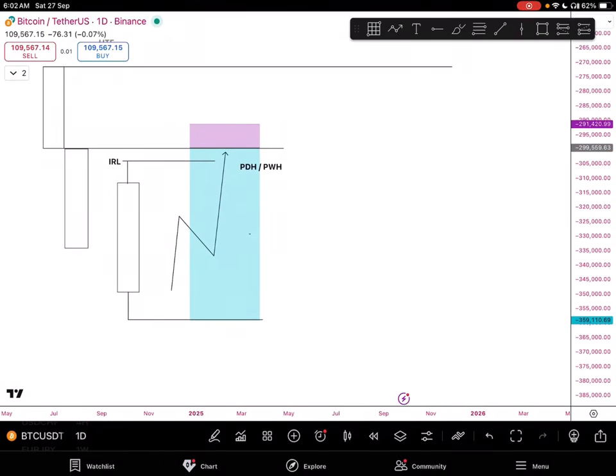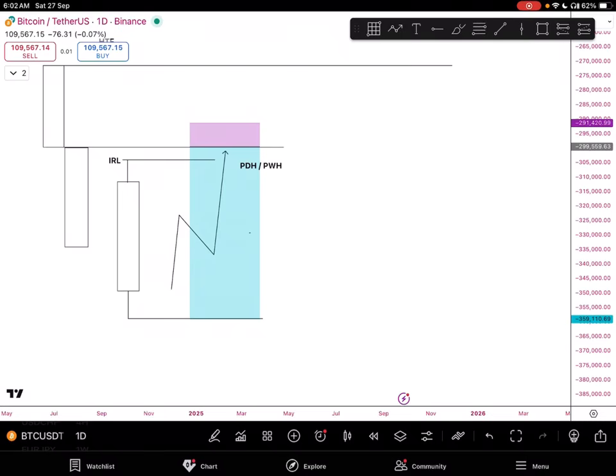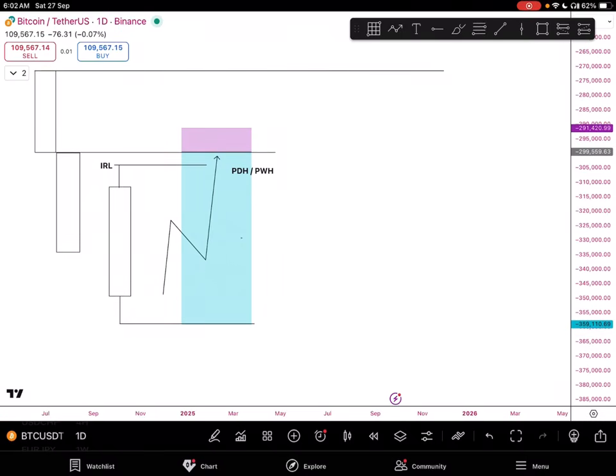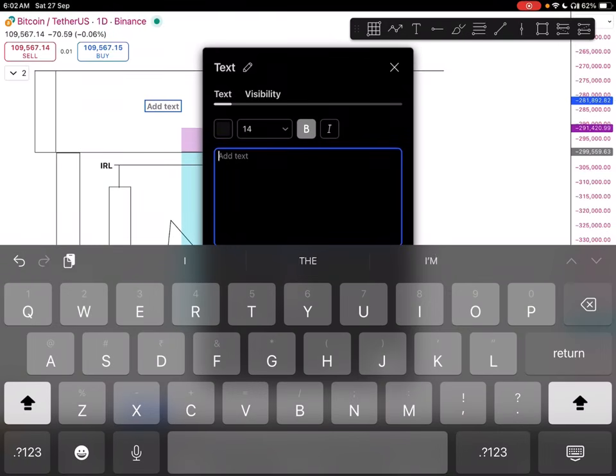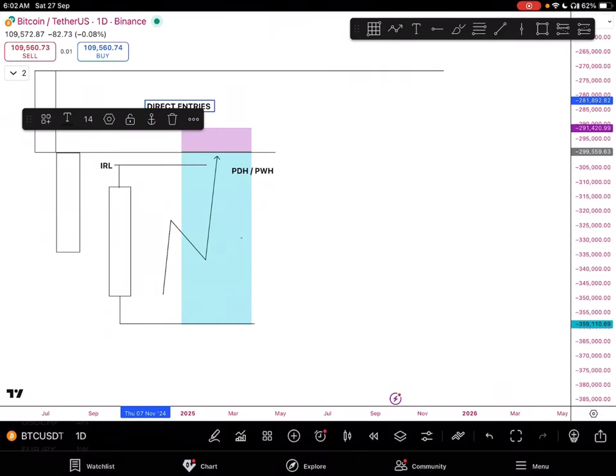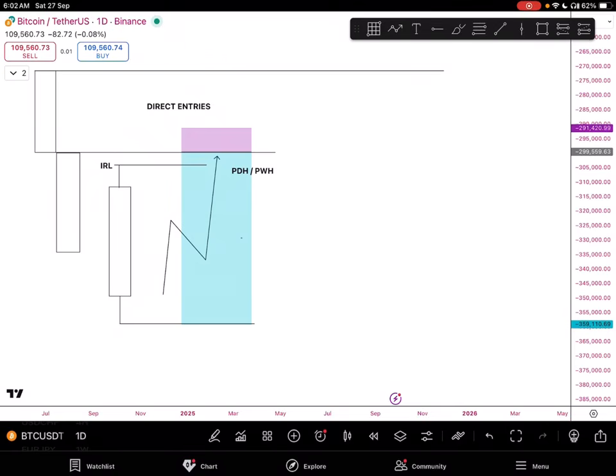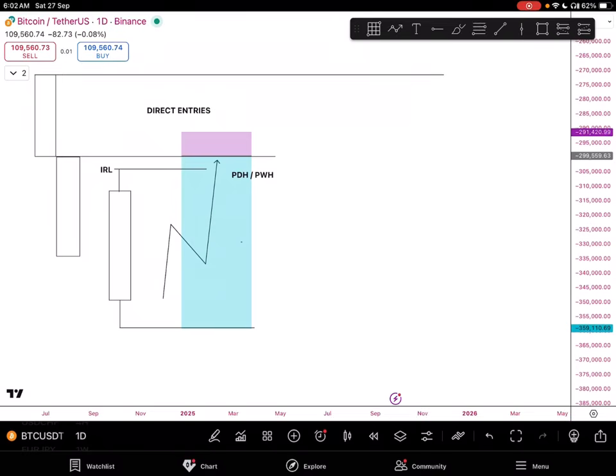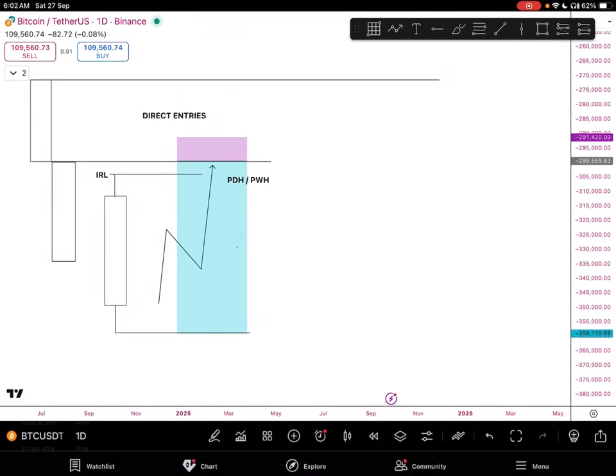Understand? So this is a direct entry. When my previous day high or previous week high is the internal range liquidity, and I have a nearby key level like this open close key level, and my other key level is so far from this area, in this situation I use direct entries.